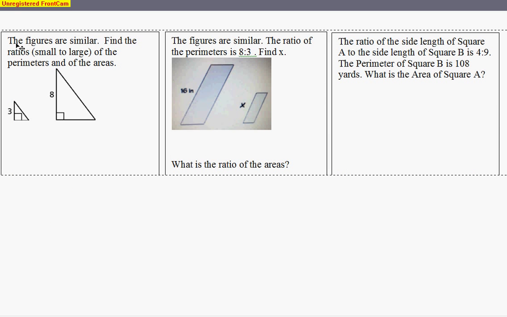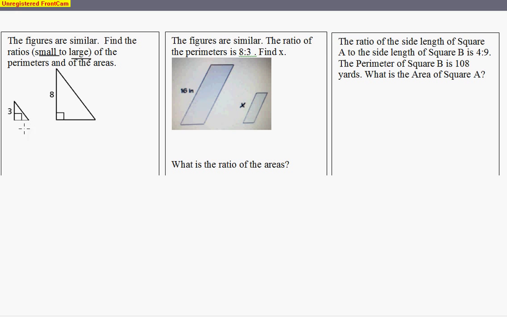It says that the figures are similar. Find the ratio of small to large. Small to large would be 3 over 8. That is the ratio of small to large. So you just put whatever comes first in this little phrase on top, whatever comes second on the bottom. So what they're asking is, you want to know the ratio of perimeters.